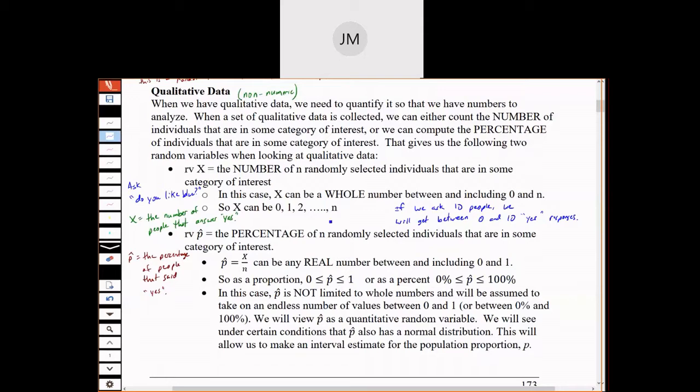Okay, so the x has to be a whole number. The p hat does not. Okay, the p hat, right, if I ask 7 people, okay, and 3 of them said yes, not only do I not get a whole number, but I get a crazy repeating decimal. Okay, all right.